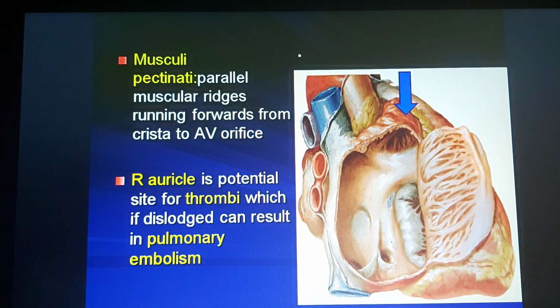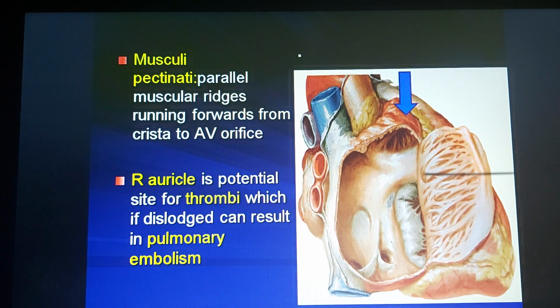Coming to the musculi pectinati. These are the parallel muscular ridges running forwards from the crista terminalis to the AV orifice.